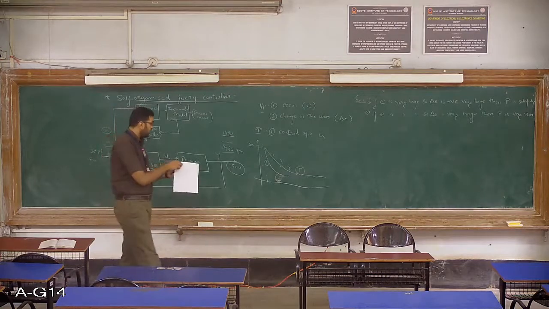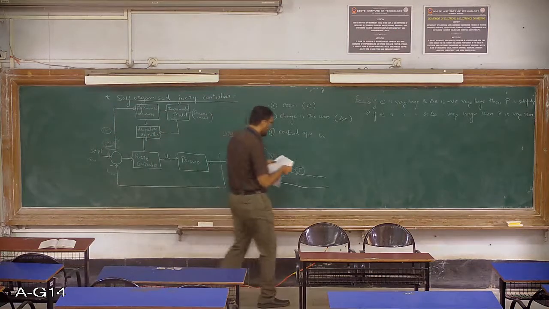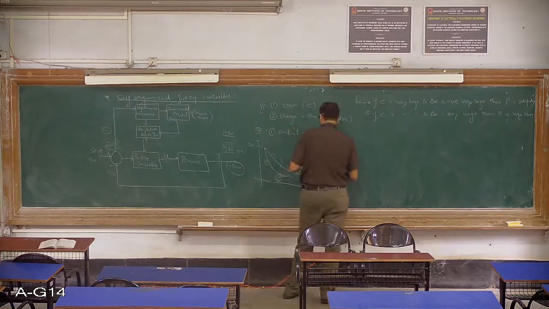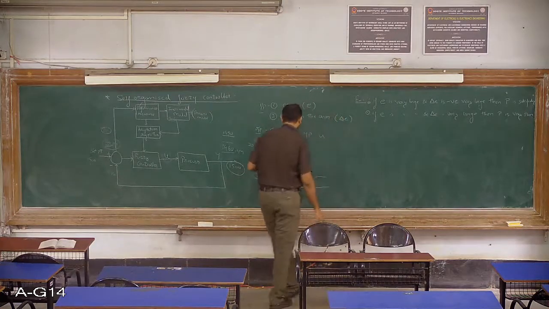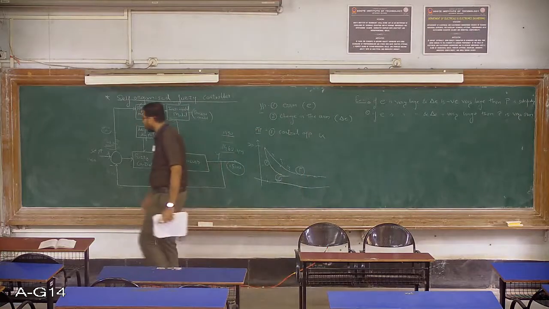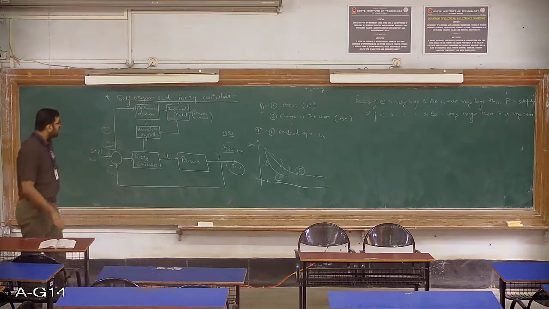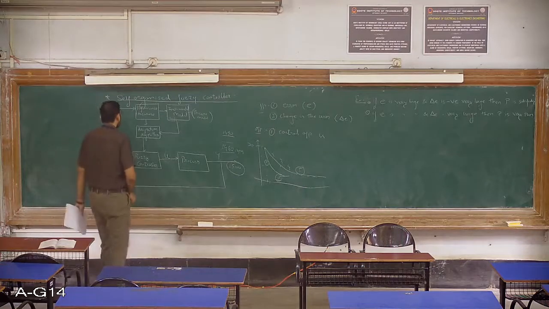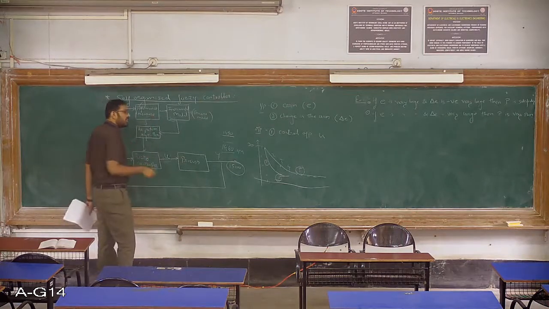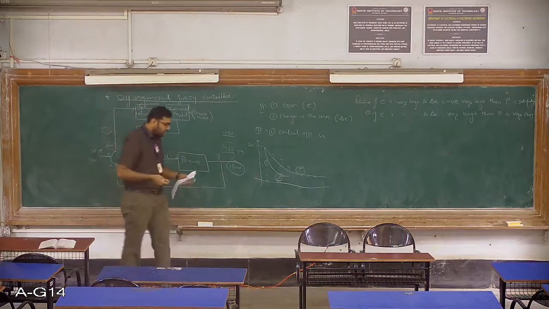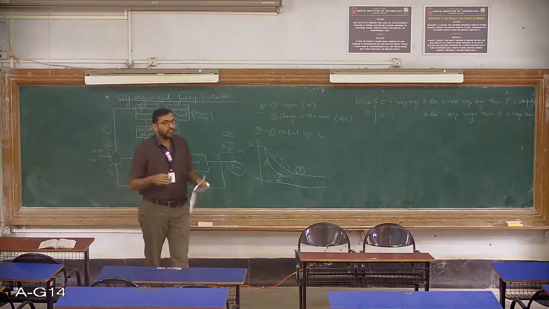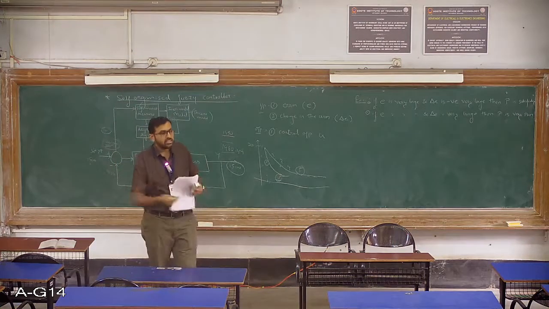Thus the performance monitor block gives the performance in the form of corrections. So instead of just measuring the performance, it will give the output in the form of the correction that has to be taken.